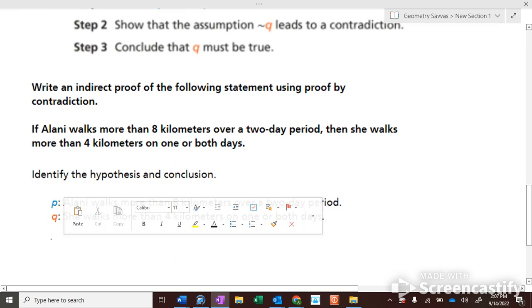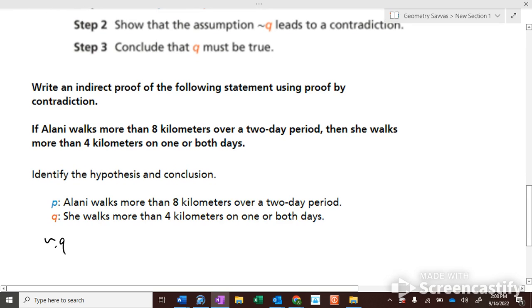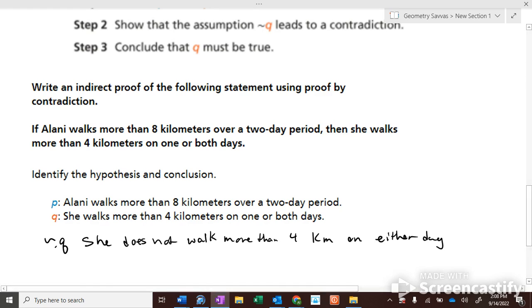So what we have to do is do the opposite of Q. So we say she does not walk more than 4 kilometers on either day, because it says one or both days, but she can't walk more than 4 on either day if we truly want it to be the opposite of this.